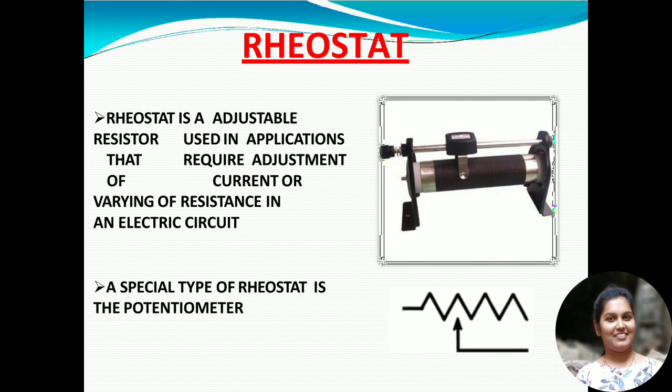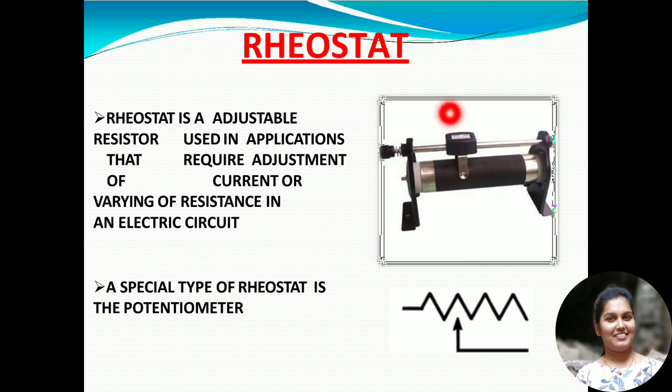Next is rheostat, which comes under the category of variable resistor. As you can see in the diagram, there is a wiper. This rod carries the resistive element or the conducting path. When you move this wiper on this rod, you can see a change in the resistance that you connect across these two terminals.